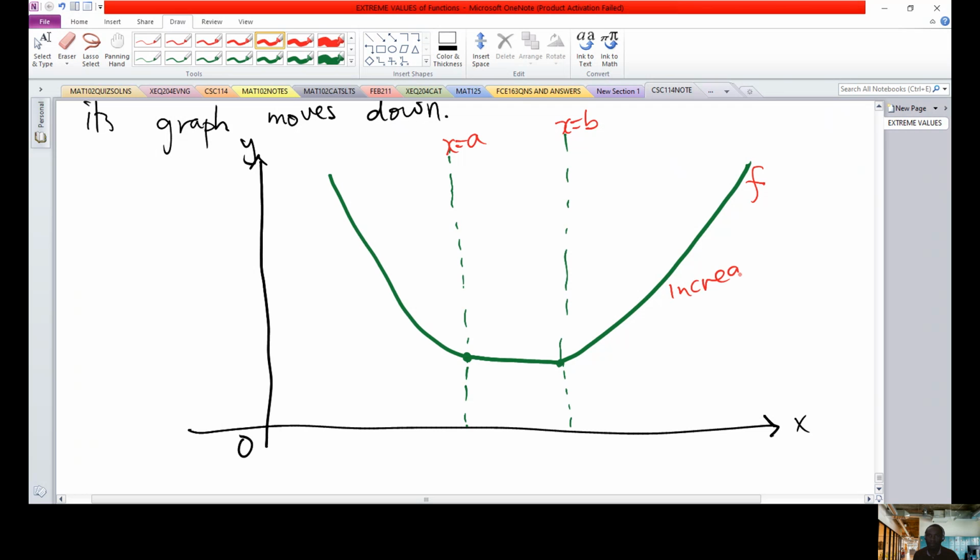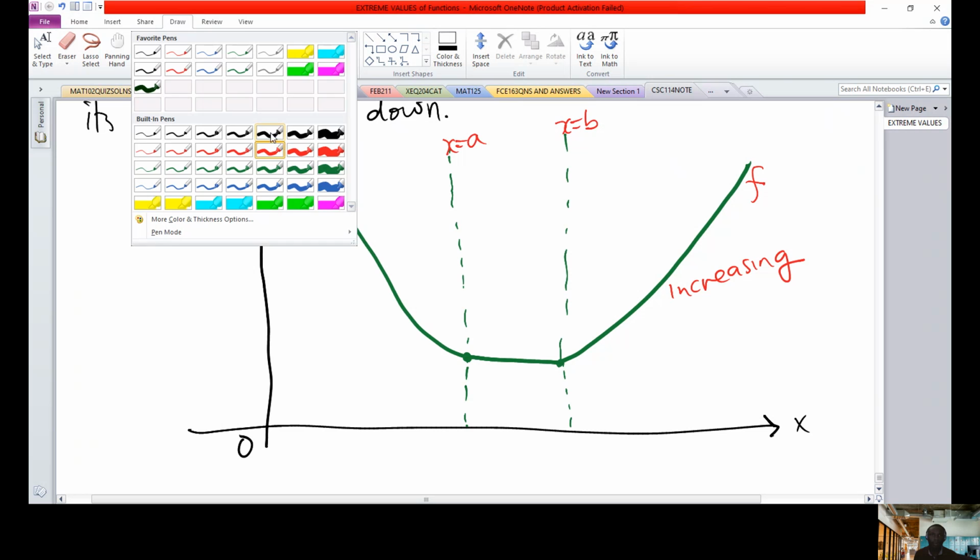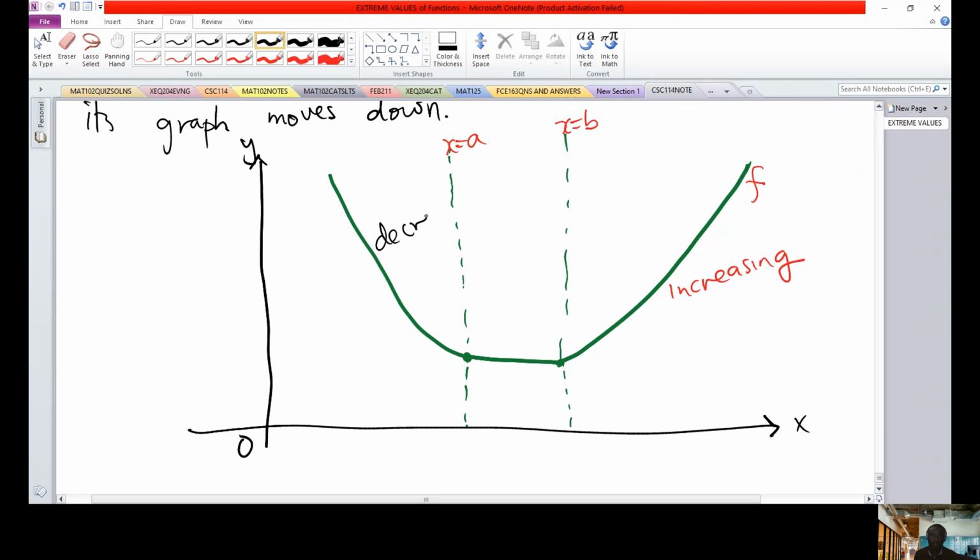So this is increasing, and in this other limb, decreasing. So here is constant. And then this is A, this is B. So here f prime of x is less than 0. Here f prime of x is 0. Here f prime of x is greater than 0.